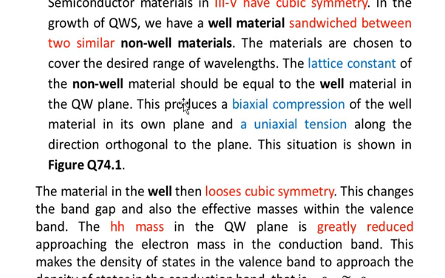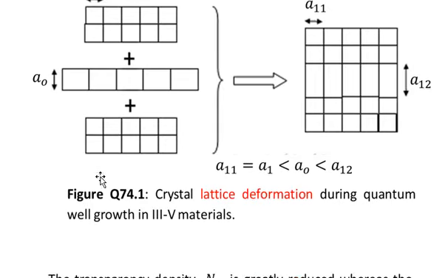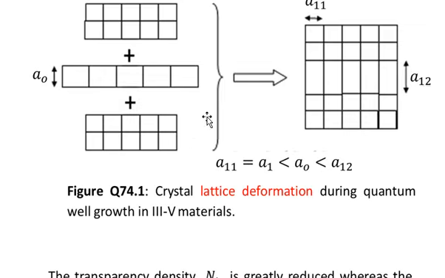So here we have explained biaxial compression as well as uniaxial tension along the direction orthogonal to the plane. The equation has been shown in equation number 74.1, which I just showed you over here. And over here you can see that A naught is the well material before the process of growth, and after the growth you can see that A1 is actually equal to A naught.